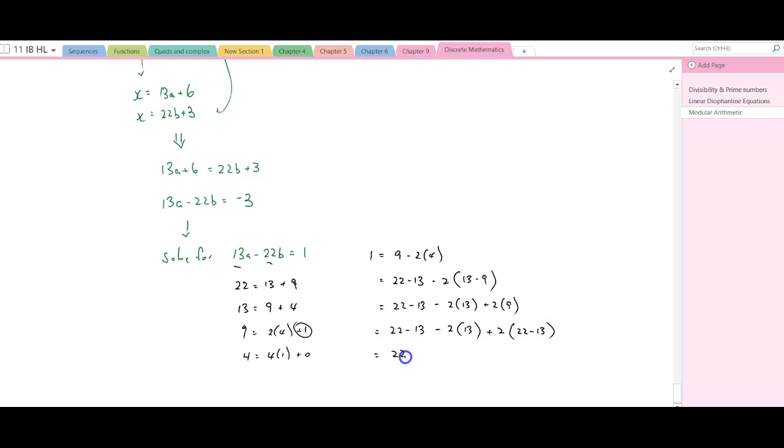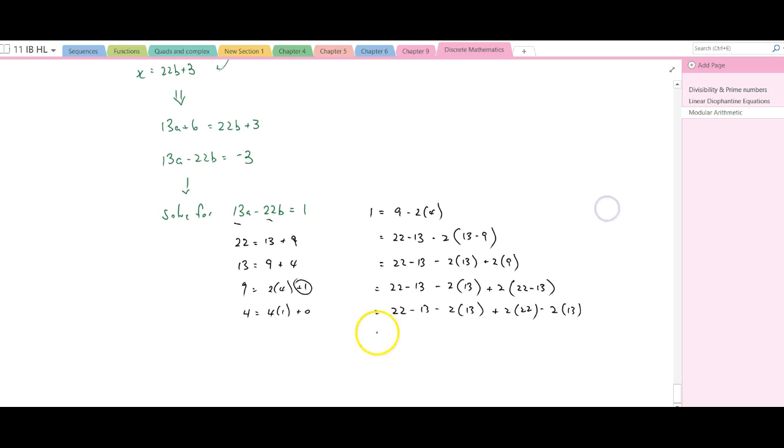So I end up with 22 minus 13 minus 2 lots of 13 plus 2 lots of 22 minus 2 lots of 13. So I end up with, counting them all up, 22 plus 2 lots of 22, so that's 3 lots of 22. I've got minus 13 minus 2 lots of 13, so that's minus 3 lots of 13 minus 2, so that's minus 5 lots of 13.